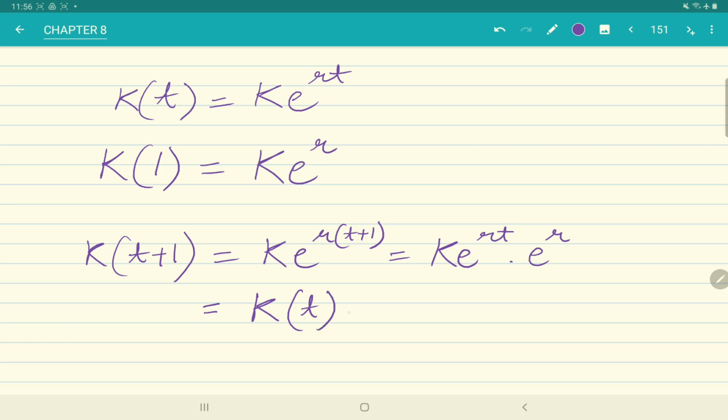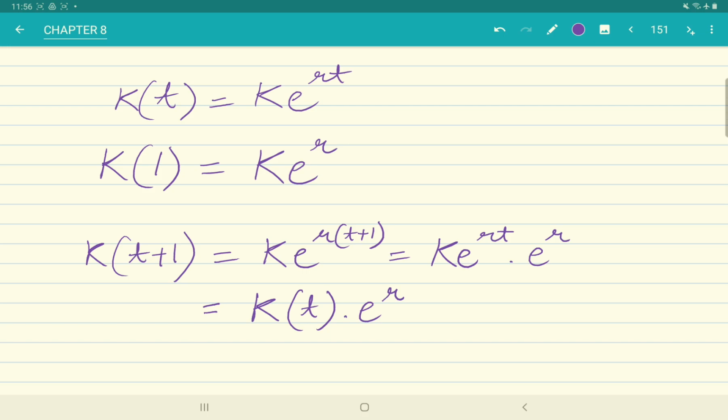So that's nothing but k of t times e raised to the power r. That means when you have continuous compounding of interest, each year my principal is going to increase by the fixed factor e raised to the power r. That's a very important point to take note of.